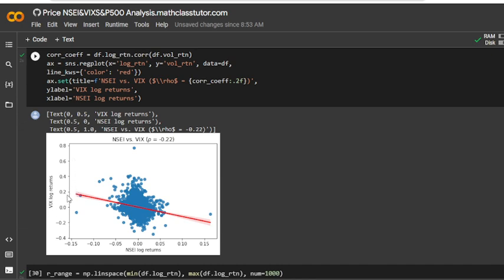You can see the linear regression line, which is really moving down, along with a light shaded area and the blue scatter plot.